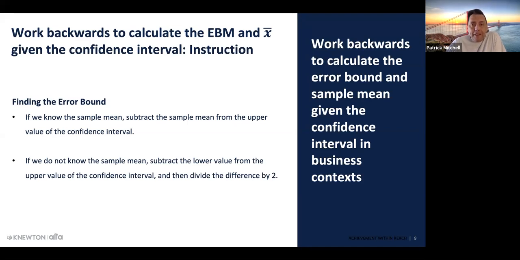So if you're given the confidence interval, then all you have to do is subtract the sample mean from the upper value of the confidence interval. If you don't know the sample mean, then subtract the lower value from the upper value and divide the difference by 2. And that will probably make a little more sense when we look at an example.